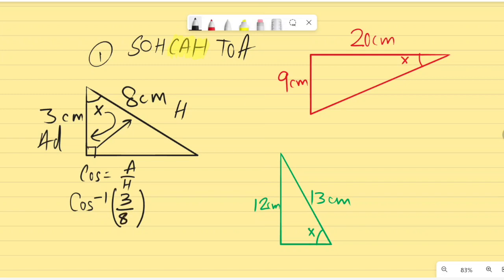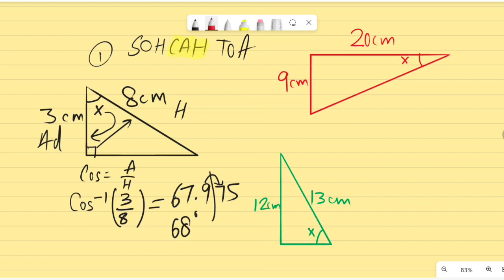When you press enter after writing this fraction in the bracket, you will see the answer is 67.975. When it's an angle, we round it to 1 decimal point. So after 1 decimal, the digit 7 means round up. So 9 will round up to 10. So this will become 68 degrees.